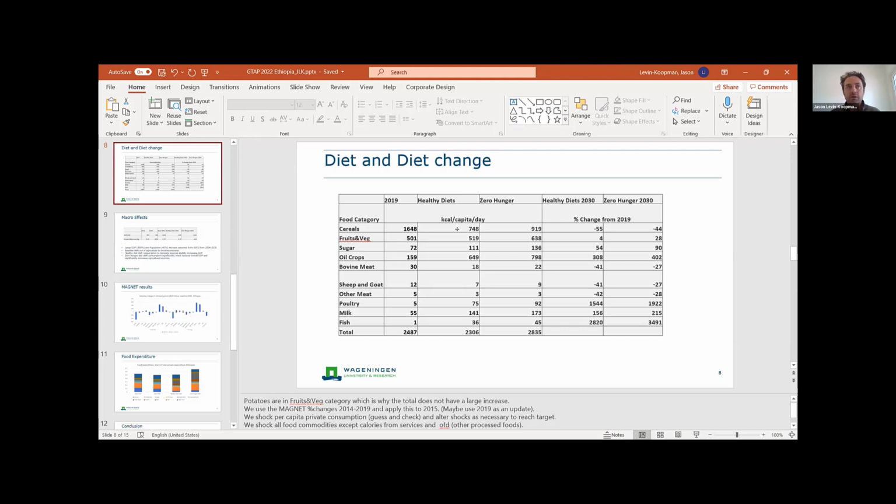And I haven't worked on this myself, but Marijke Kauper, my co-author, is connected to this GENuS database of all these micronutrients as well. So that's one of these additional modules. So yes, in principle we can do that. And if we were to do this another way, by imposing some other shock and seeing how that would affect the diet, then we could report that diet change in terms of the nutrient change, not just in terms of calories, but in terms of all these other macro and micronutrients as well.